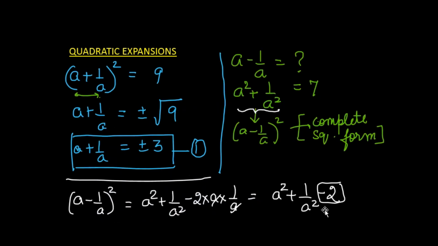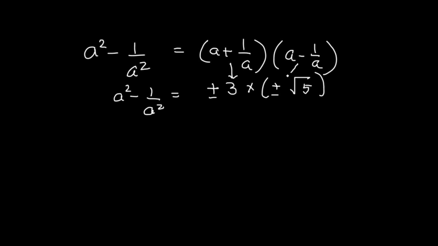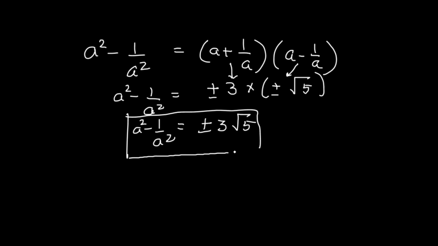So we can write it as plus minus 3 into plus minus square root of 5, which is a square minus 1 by a square. We know the value of a plus 1 by a and a minus 1 by a. So we get plus or minus 3 root 5 as the value of a square minus 1 by a square. I hope these two examples are clear.